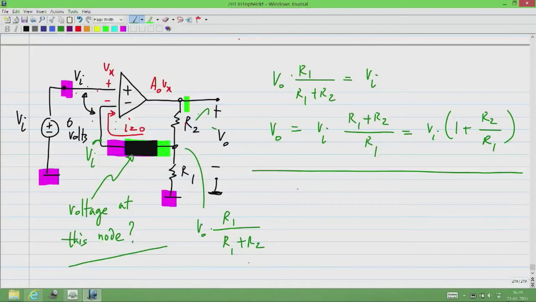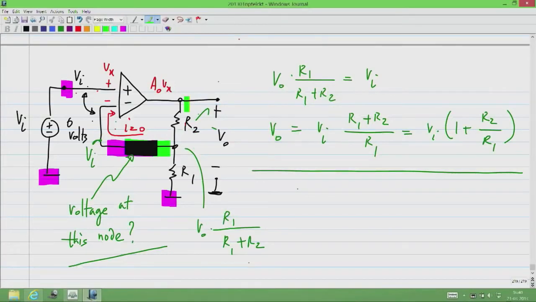In this case, I did not assume that the op-amp was a voltage controlled voltage source with a gain of A0. I assume that the op-amp offers a virtual short between its inputs. So when it's a virtual short, we can immediately determine that the voltage here is Vi. It has to be equal to what you determine from the output, which is V0 times R1 by R1 plus R2.